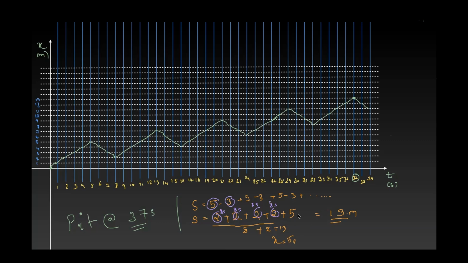For 5 steps, how much time does it take? 1 second, 2 second, 3 second, 4 second, 5 second. So this is nothing but 8 times 4 plus 5, which is 32 plus 5. How much? 37 seconds. So it takes the drunken man 37 seconds to fall into the pit.